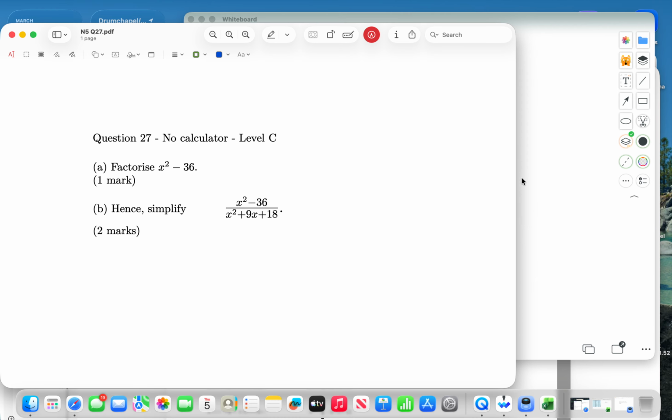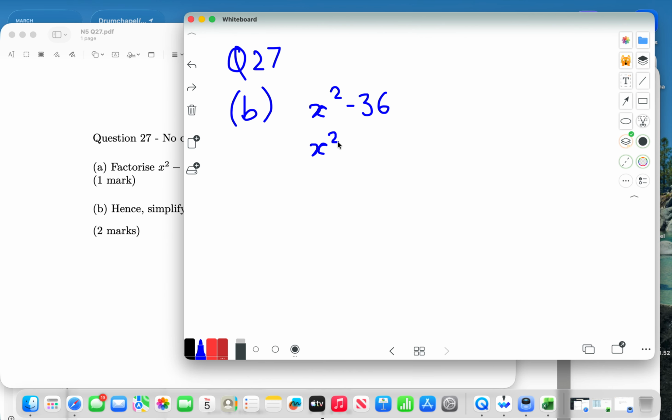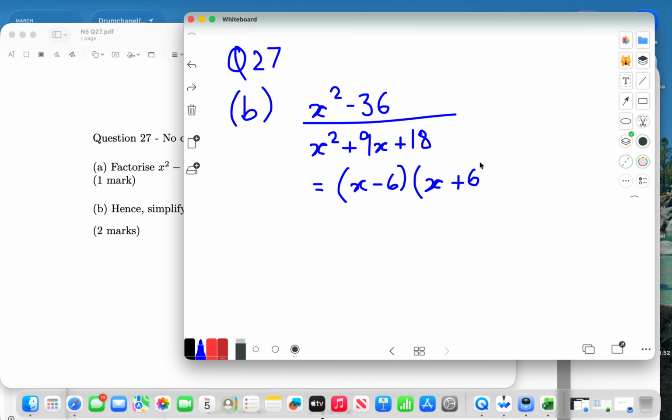x squared plus 9x plus 18. So let's plug in what we found in part A. And you're thinking to yourself, this makes no sense, you might be thinking.